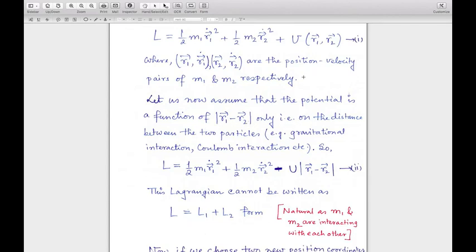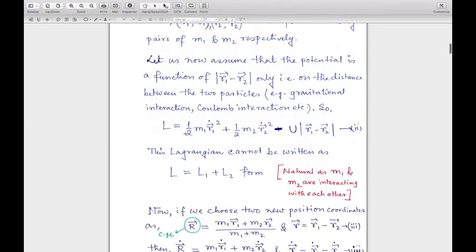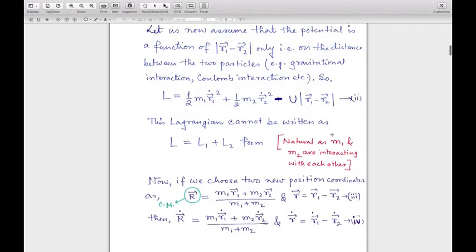That is, the potential just depends on the relative distance between the two particles. This is also true for very popular forces like gravitational interaction, Coulomb interaction, etc. So we can write the Lagrangian as half m1 r1 dot square plus half m2 r2 dot square minus U of modulus of r1 minus r2.